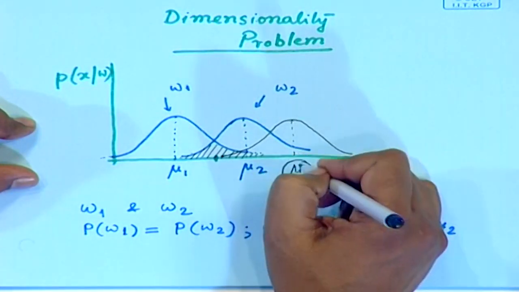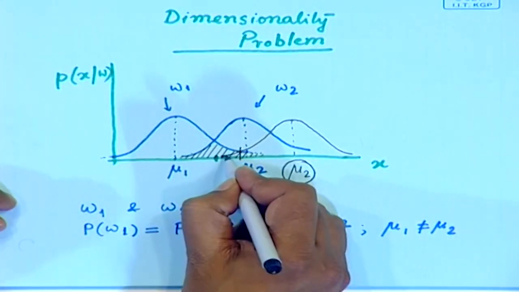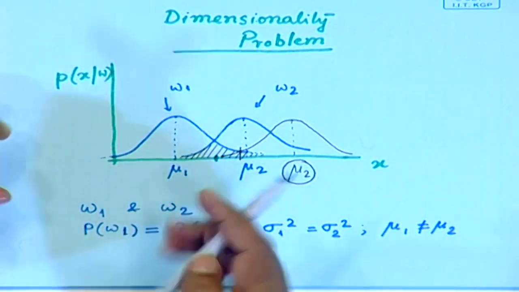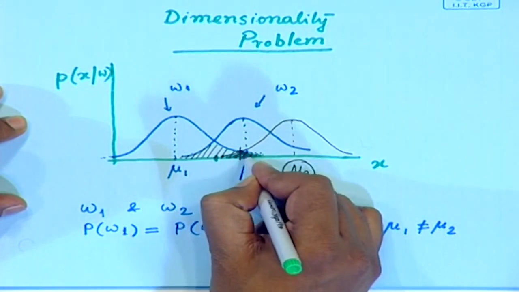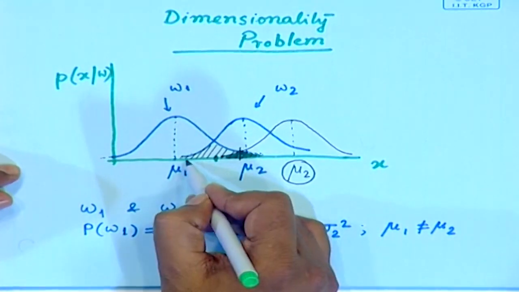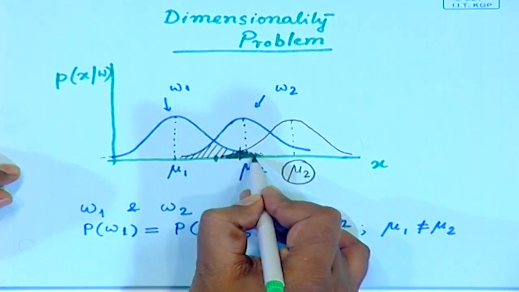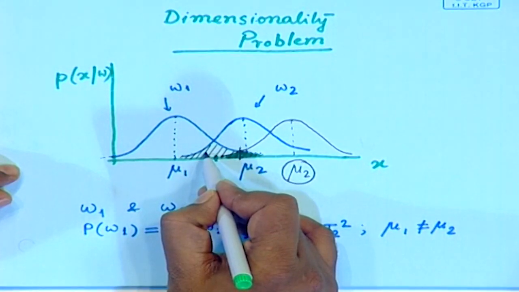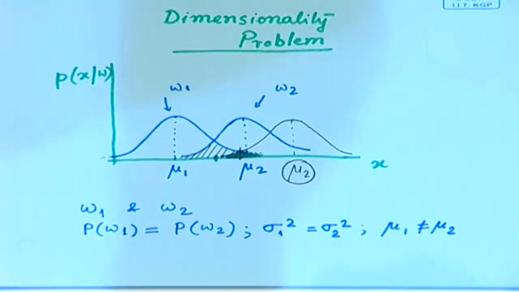If this is the mu 2, then this is my decision boundary. And if this is the decision boundary, then the error will be reduced to this. So, earlier my error was bounded under this curve, now the error is bounded under these curves. Definitely the total error in the earlier case is higher than the total error in this case, when the separation between mu 1 and mu 2 becomes large.